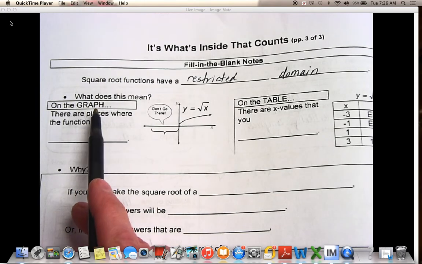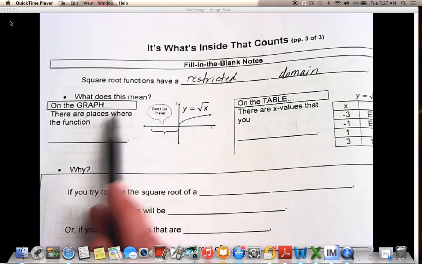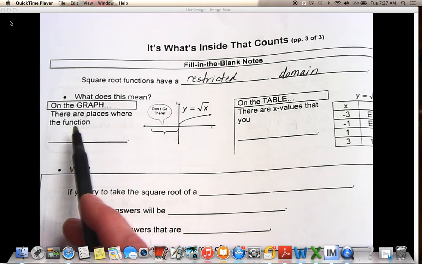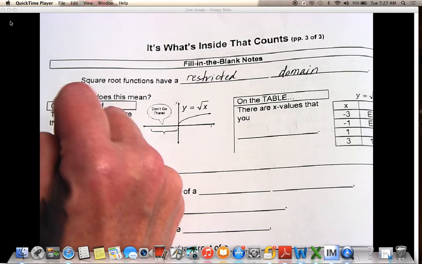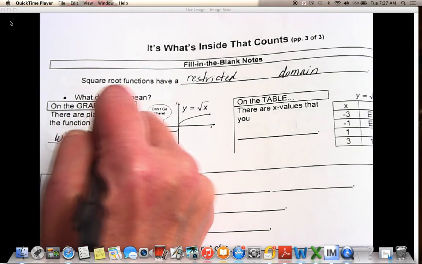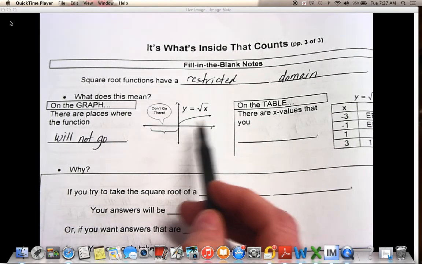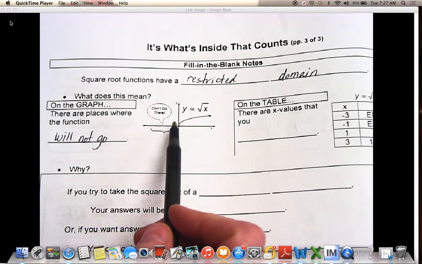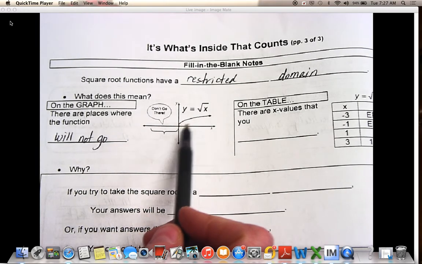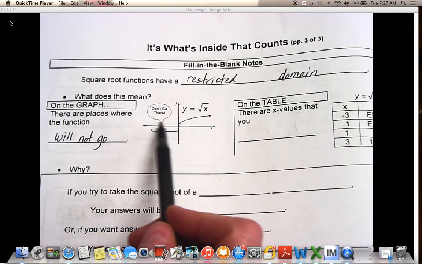You're going to have some questions today about finding the domain when you're looking at a graph. As far as what it means on a graph, there are places where your square root function just will not go. Remember yesterday you were working on moving the endpoint around, and then you would sketch your function. If you look at the parent function, you'll notice that it does not go over here in our negative x values.